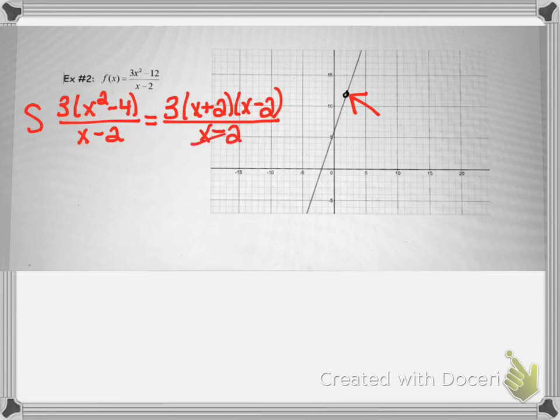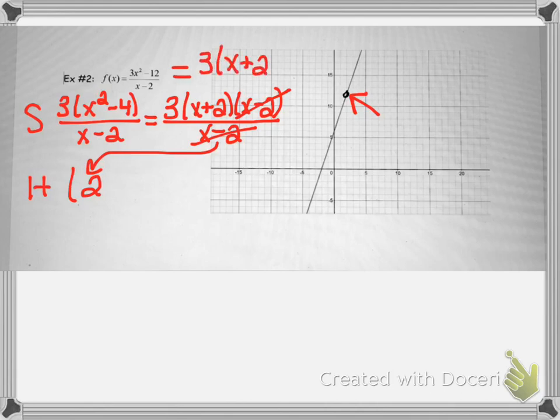And so I see that the x minus 2 is going to cancel. So that's the reason I have a hole. And it tells me that the x-coordinate for that hole would be at 2. But it also leaves me with a simplified equation of just 3x plus 6. That means it leaves me with a linear equation.